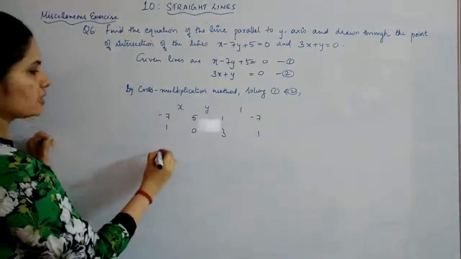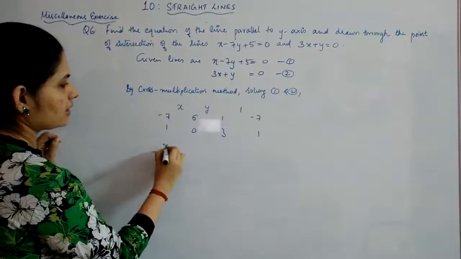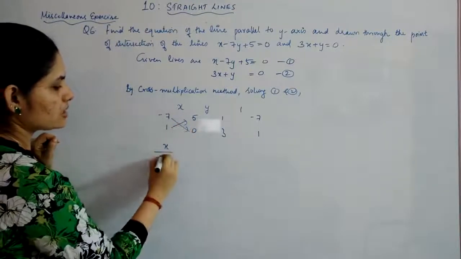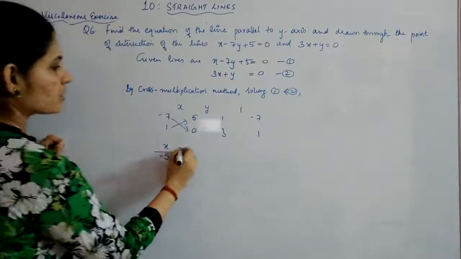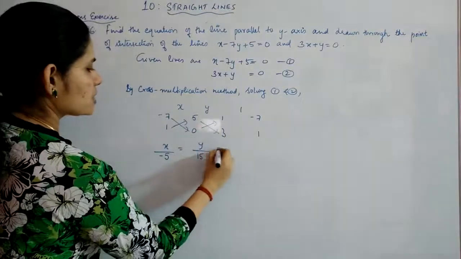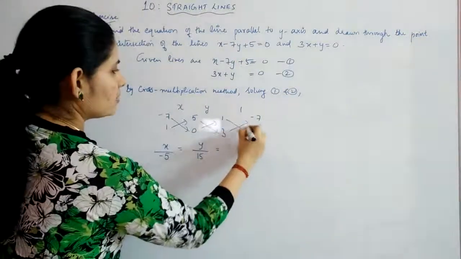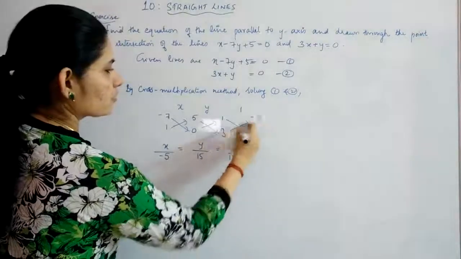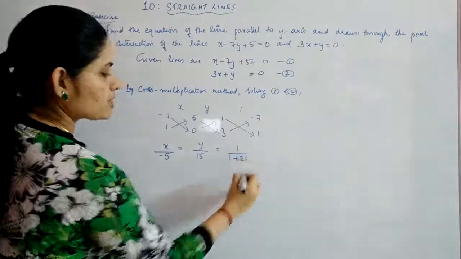So by cross multiplying, you will get x by 0 minus 5 is equal to y by 15 minus 0, which is 15, and 1 by 1 minus of minus 21, it will become plus 21.